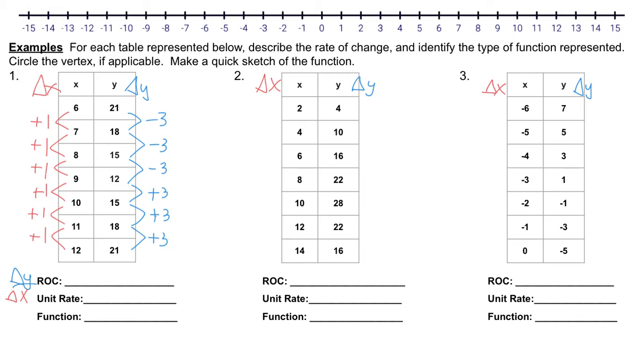And what I like to do when I see that change, that is what indicates to me that I have an absolute value function. And I like to go right between where it changes from decreasing to increasing. And if I go between those values, that points to what our vertex is.